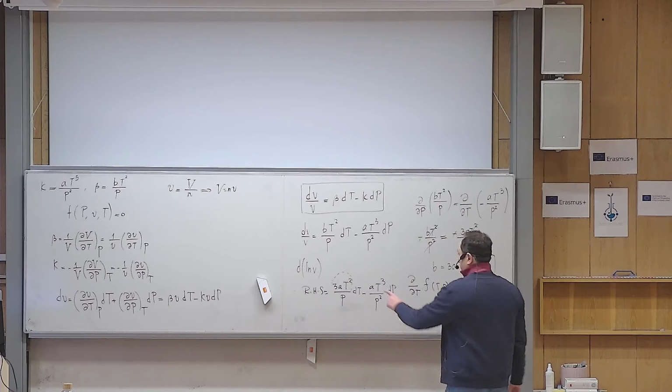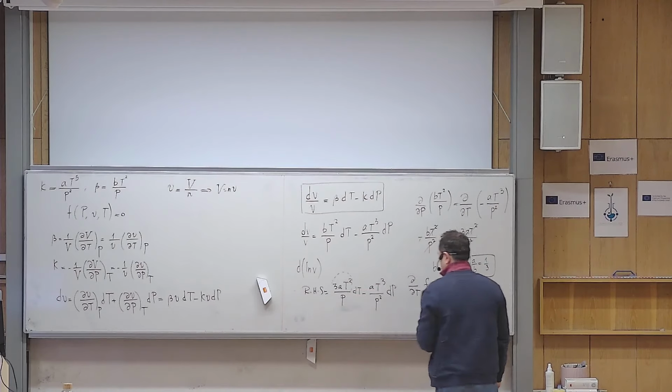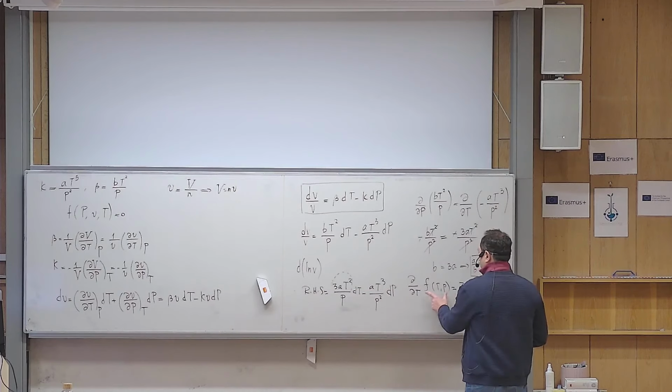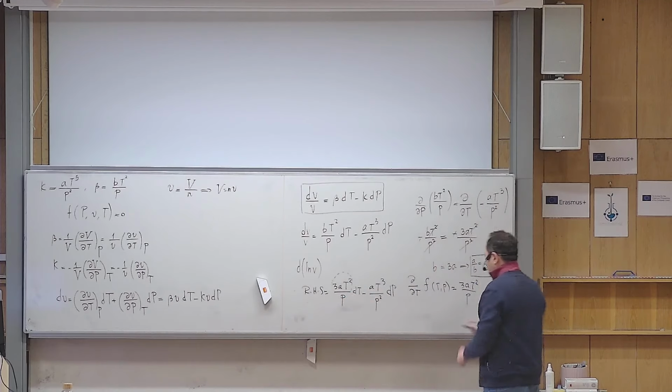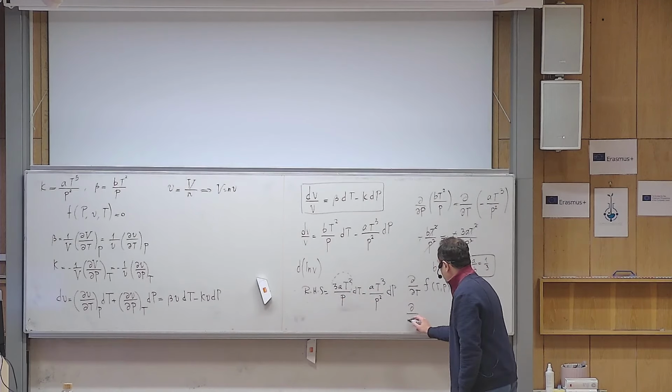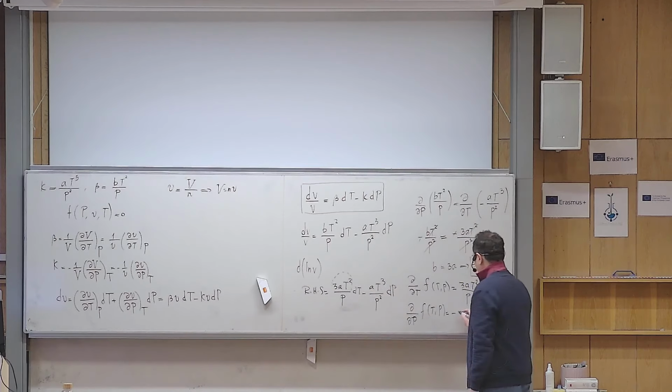So you see, if this is going to be an exact differential, there should be a function f of the variables t and p, so that when I differentiate that function with respect to t, it gives me this. And when I differentiate the same function with respect to p this time, it gives me this expression.